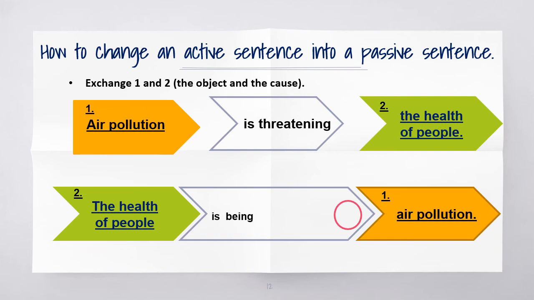For example, it's being. Then we take the original verb, which is threaten, and make it a past participle. After that, we write a preposition like by before the cause.